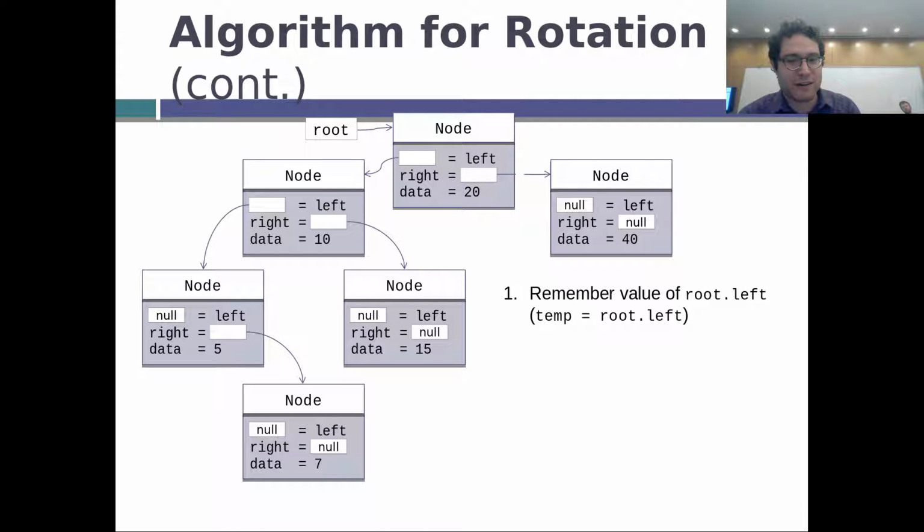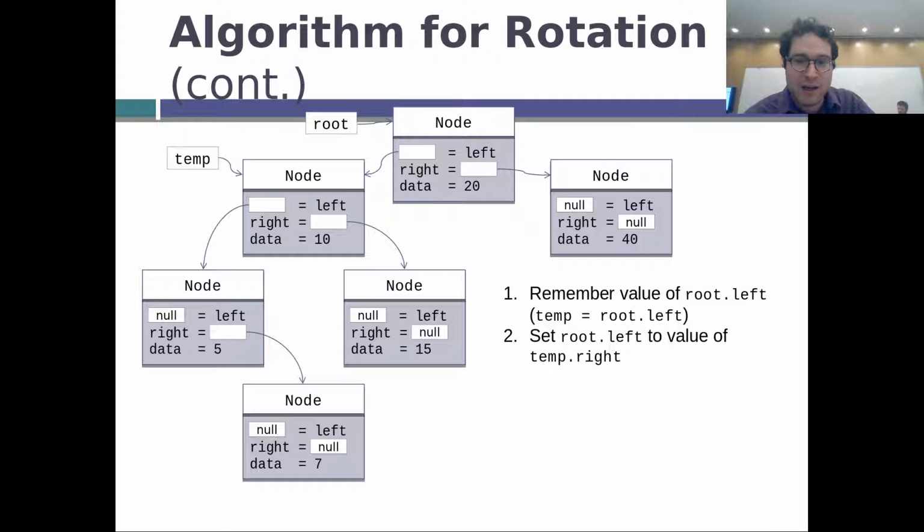Remember the value of root.left. Set temp equal to root.left, correct? Not right. It's one of those weird idiosyncrasies of the English language. So set this temporary variable to root.left, and then grab your grandchild, the left's right child.